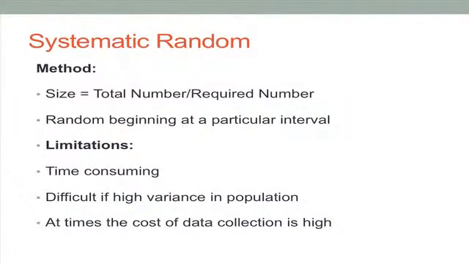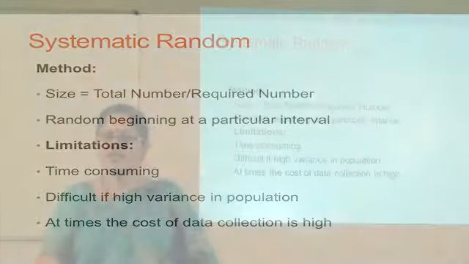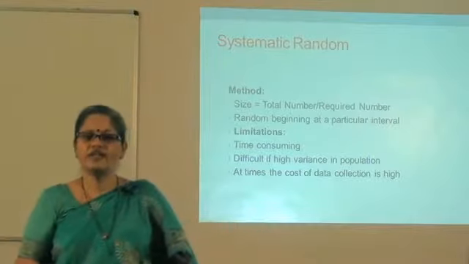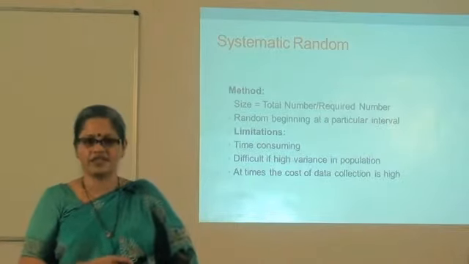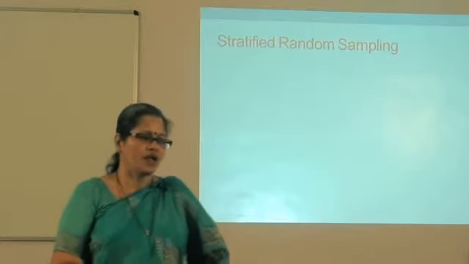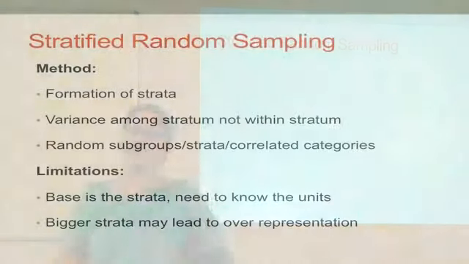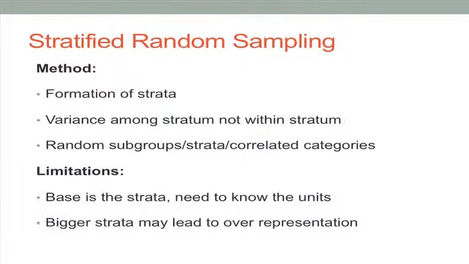And sometimes the cost of data collection may be high because you may be getting samples which are very far out. So it will be difficult for the researcher to deal with all these samples. Again, it is not always, it is sometimes. Okay. Then we go for stratified random sampling.